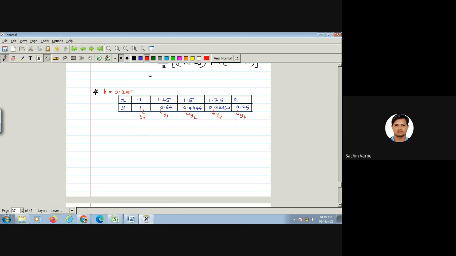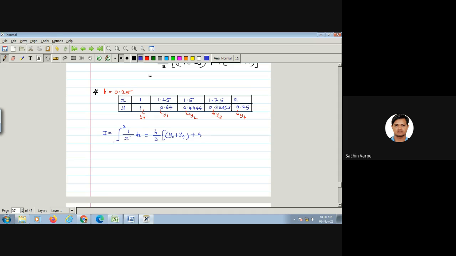Right. So therefore, by Simpson's one-third rule, the value of the given integral, integration from 1 to 2, 1 upon x square dx, is nothing but h by 3 into sum of first and last ordinate. What is first ordinate here? y0. What is last ordinate? y4. Plus 4 times even ordinates.